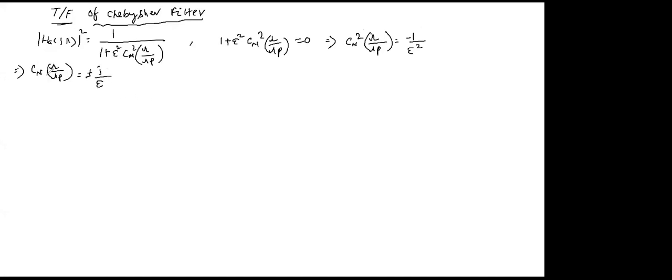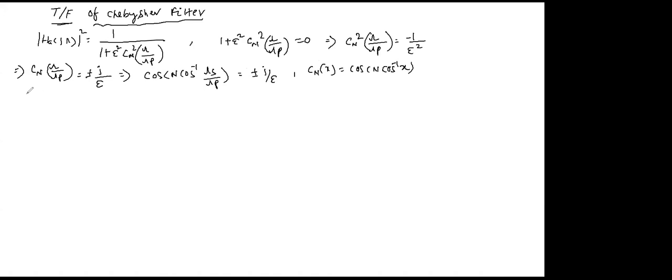Now you people know what is the value of Cn x, just use it for passband. It is cos of n cos inverse of ω by ωp equals plus or minus j by epsilon, because Cn x equals cos of n cos inverse of x.